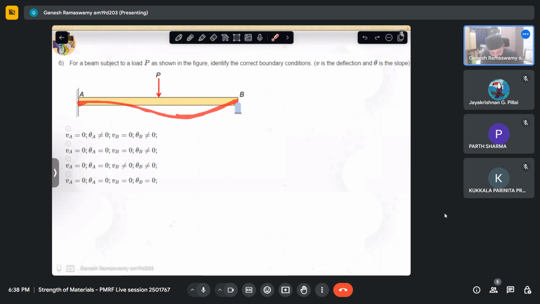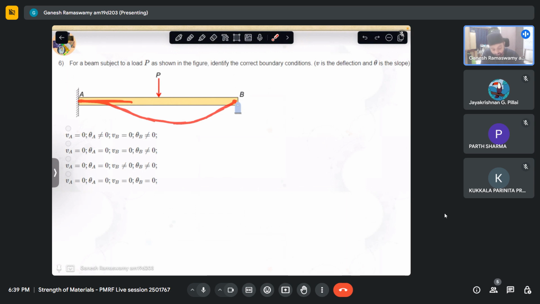And why doesn't it start like that? Because this is a fixed end. So at the fixed end, I have to have 0 slope. So the deflected shape is going to be something like that.